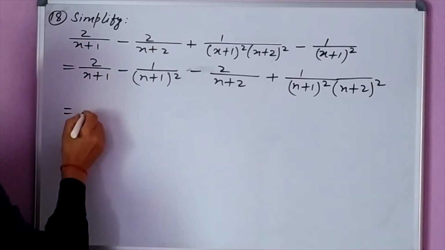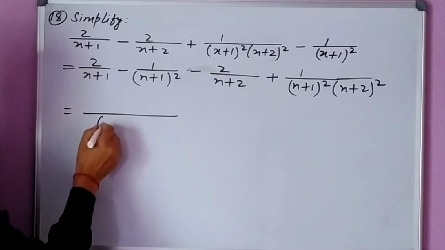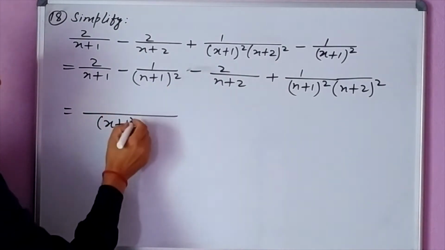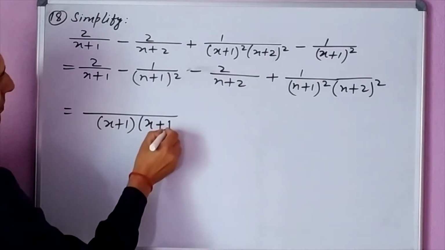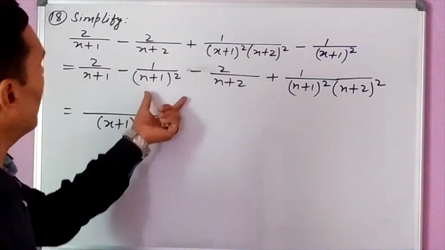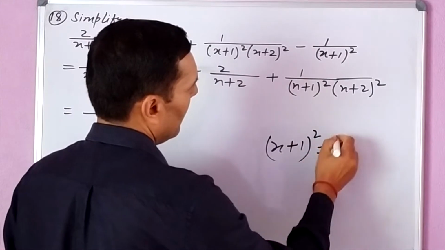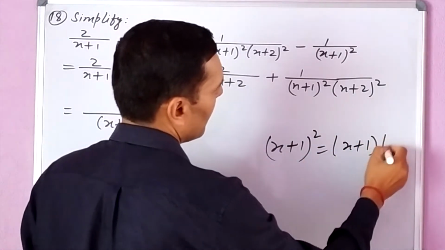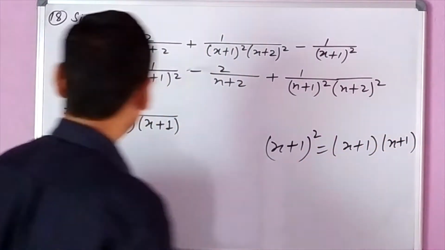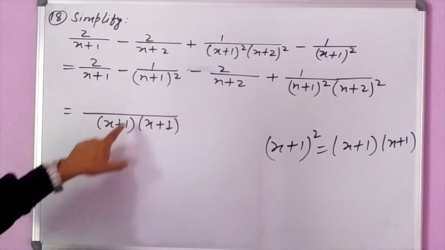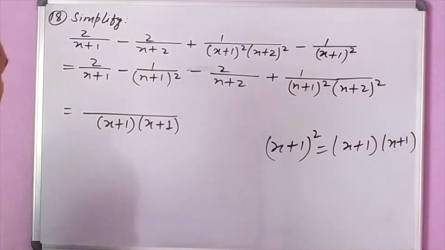I am taking the LCM from the first two terms. So what is the LCM? X plus 1 is common and one x plus 1 will remain here. Because x plus 1 whole square is x plus 1 times x plus 1. When you take one x plus 1 common, there will be another x plus 1 remaining.